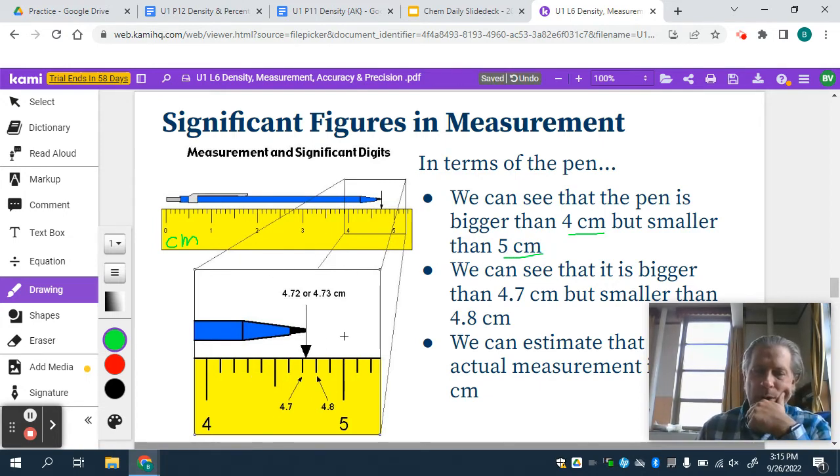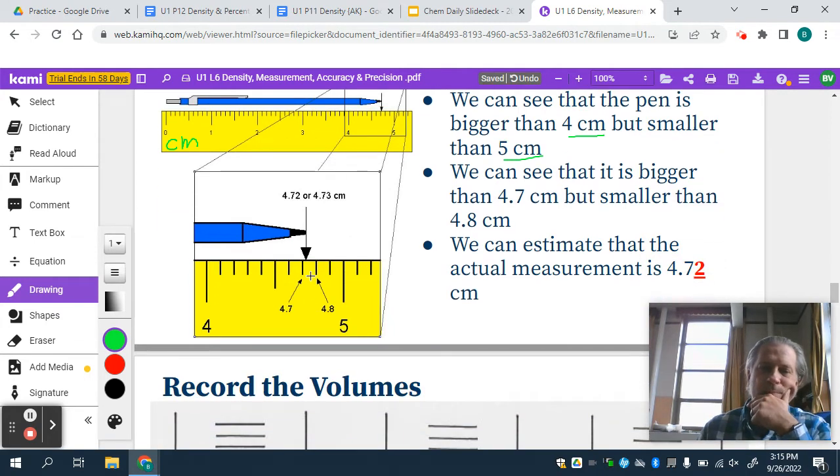Then if we go to this bump out, where it's zoomed in, there's 4 centimeters here and 5 centimeters here, and then a little longer line in the middle, and that tells me that's probably about halfway. So if this is 4, this line right here would be 4.5.